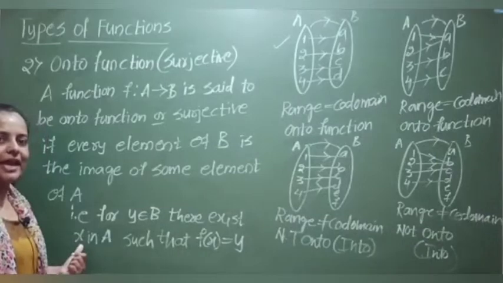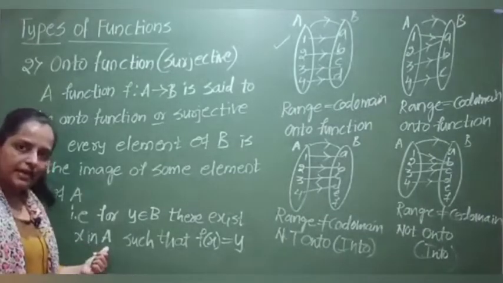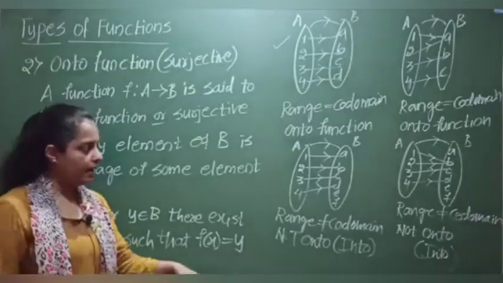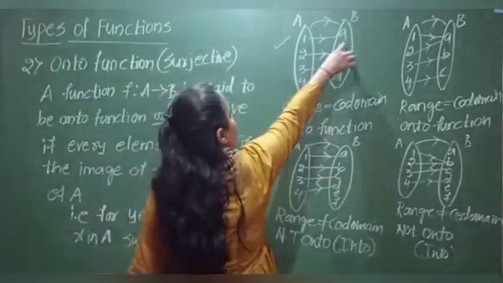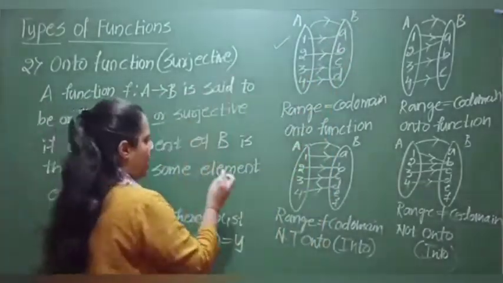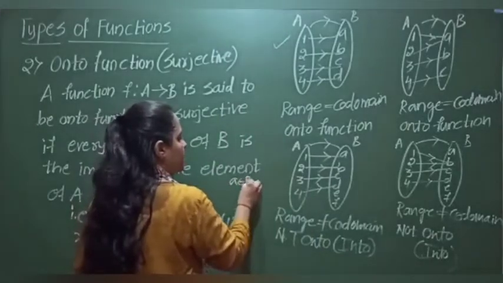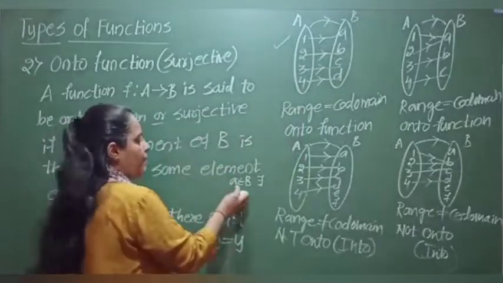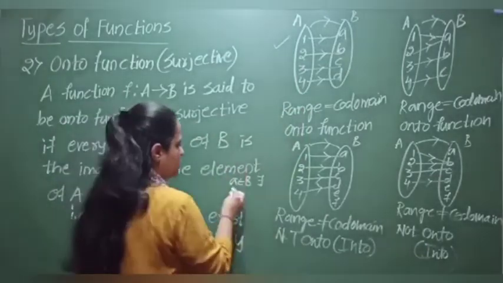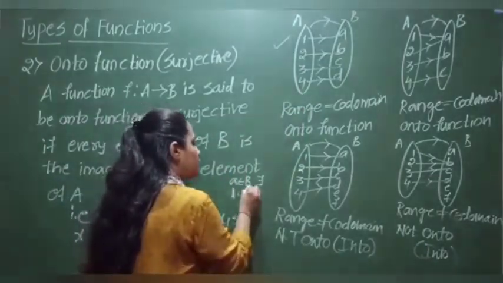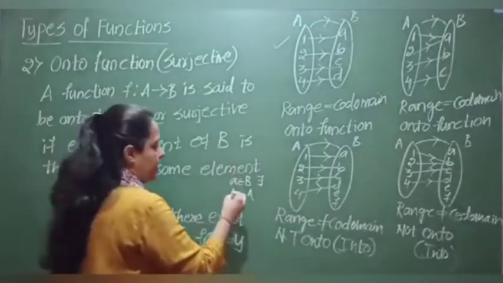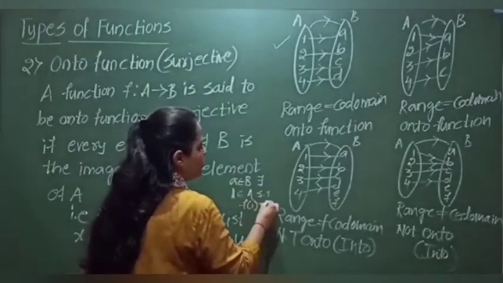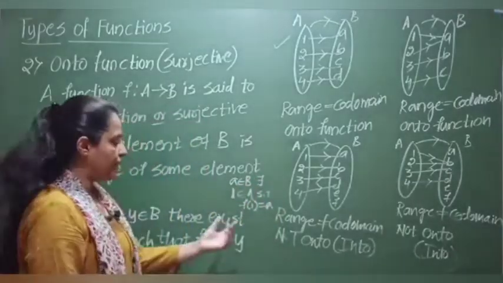That pre-image I'll take x in the set A such that f of x is equals to y. ಅಂದರೆ ಇಲ್ಲಿ ಮೀನಿಂಗ್ ನೋಡ್ರಿ, a belongs to the set B, there exists 1 belongs to the set A such that f of 1 is equals to a ಅದ, right.